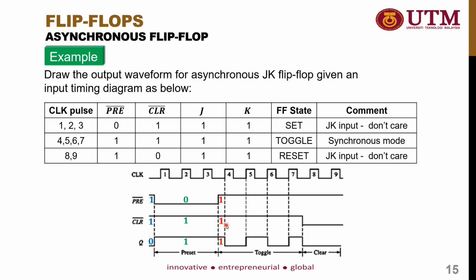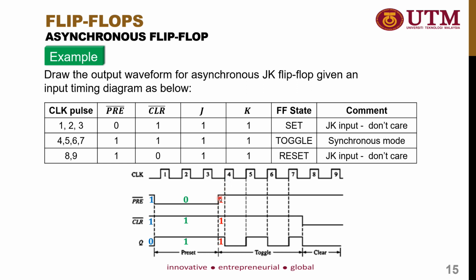So it means that the flip-flop is entering the basic JK flip-flop mode again. PRE bar is set to 1 and CLR bar is set to 1. So the flip-flop state will toggle if it meets the rising edge, because in this example we are considering positive edge triggered.